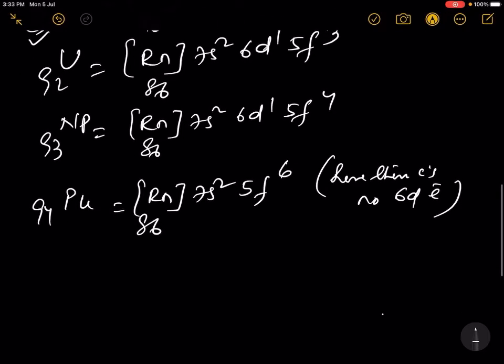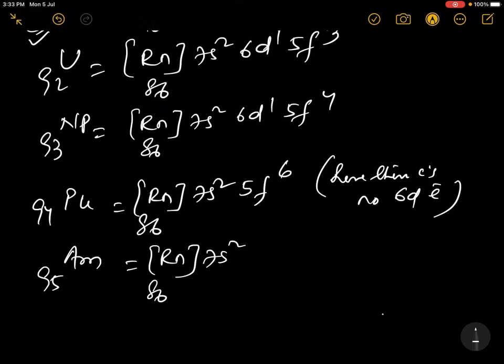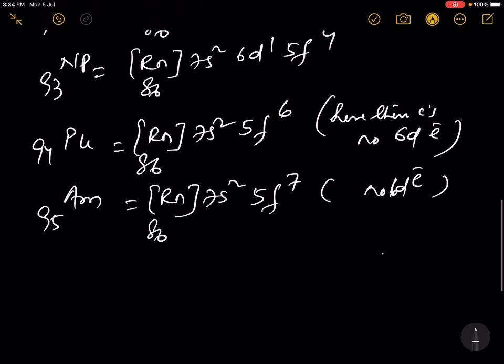After plutonium, americium is there, atomic number 95, radon at the core 86, 7s2, 88. Then 5f7. Here also there is no 6d electron. After americium, you will find curium, Cm, atomic number 96, Rn 86 at the core, 7s2, 88.